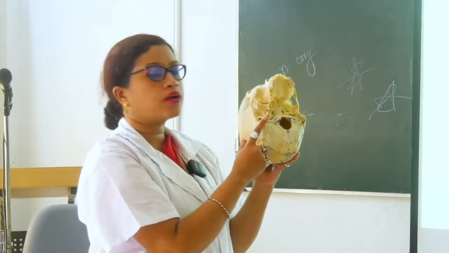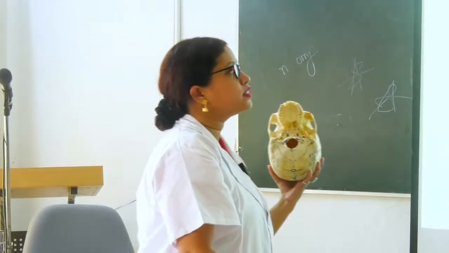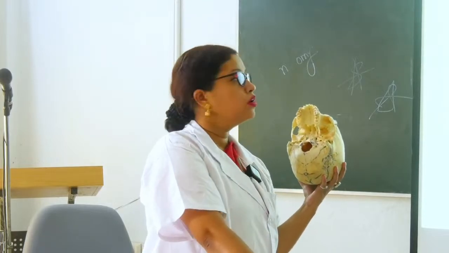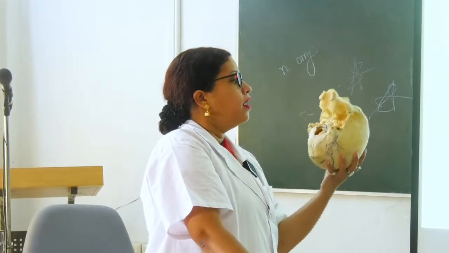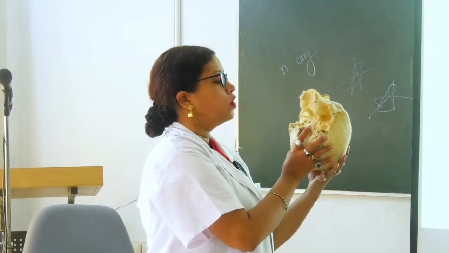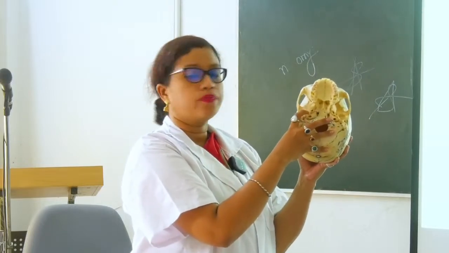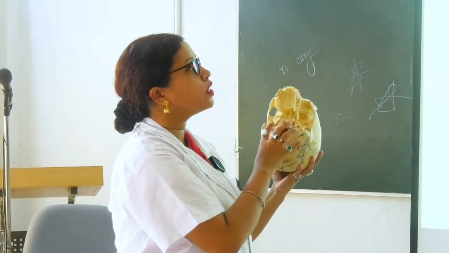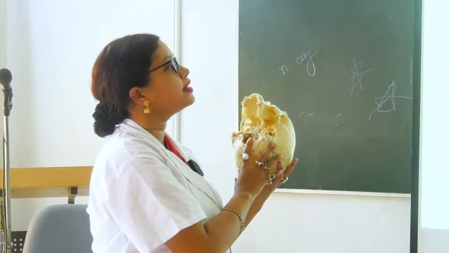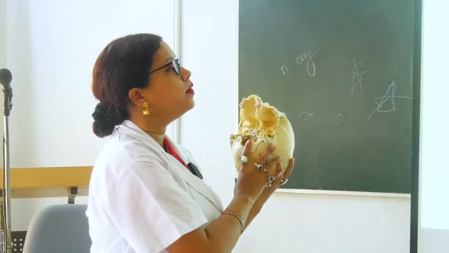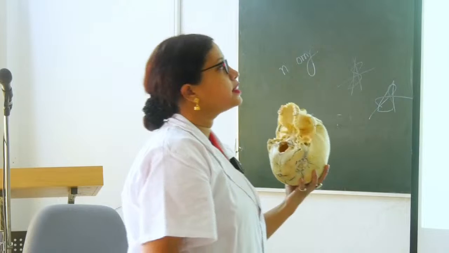Posterior to the external acoustic meatus, see the picture, that is the mastoid process. Okay. So this one is the foramen oval, foramen spinosum. Okay, next if you go to the middle cranial fossa, what are the other things you will get? How many foramen? আর কি foramen আছে দেখ.